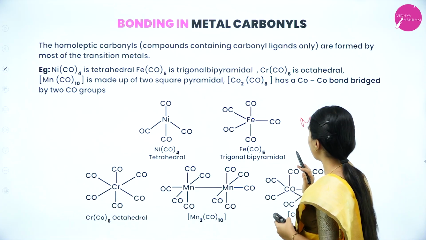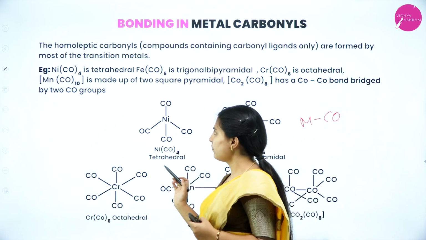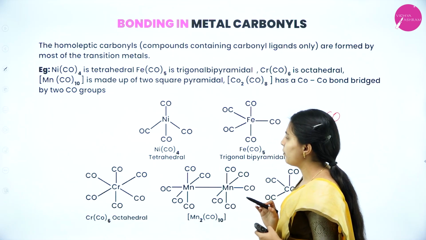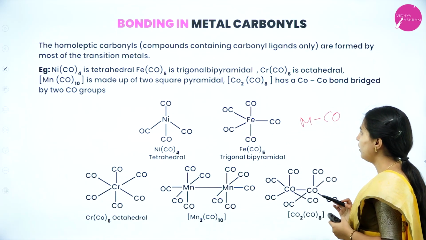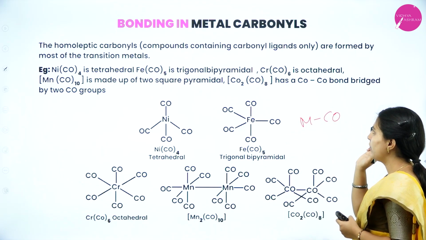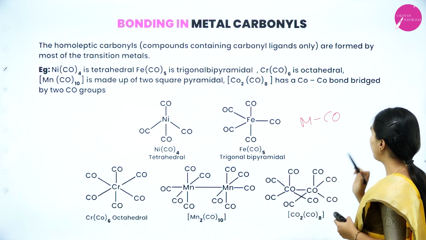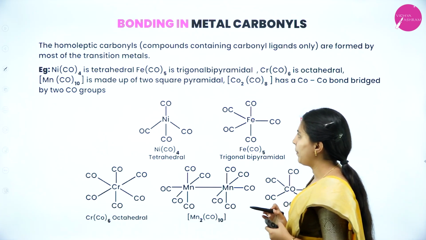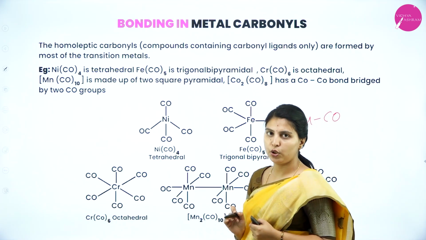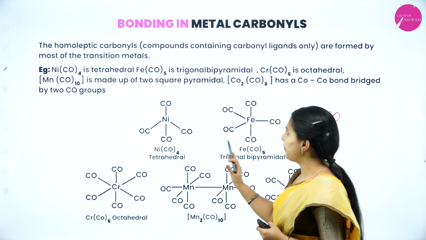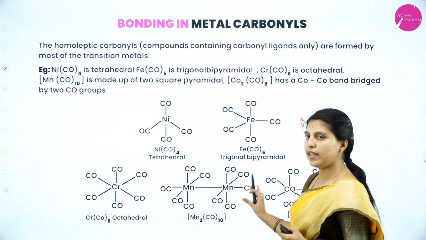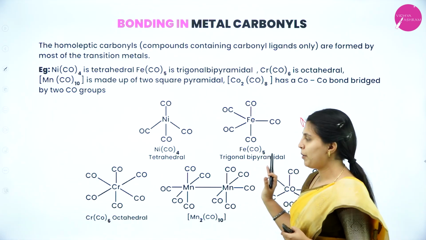Chromium hexacarbonyl is octahedral. Manganese decacarbonyl is made up of two square pyramidal units. And cobalt octacarbonyl has a cobalt-cobalt bond bridged by two carbonyl groups. Here homoleptic carbonyls are present, meaning only carbonyl ligands are present.